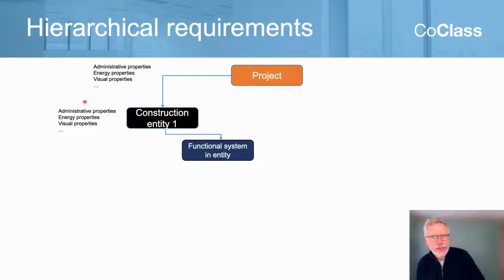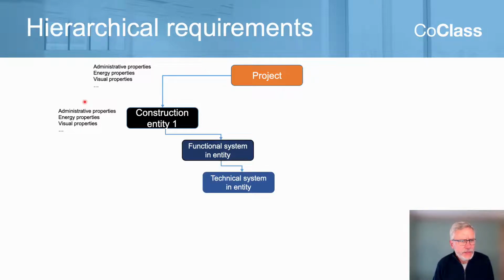So if you need, you can put requirements also on the functional systems. You perhaps have a specific requirement for material on the facade or kind of energy used and so on. There are technical systems and there are components. So the requirements are inherited from the project level all the way down to the components, if you like.